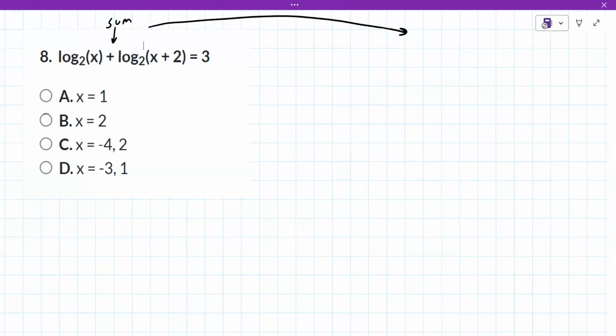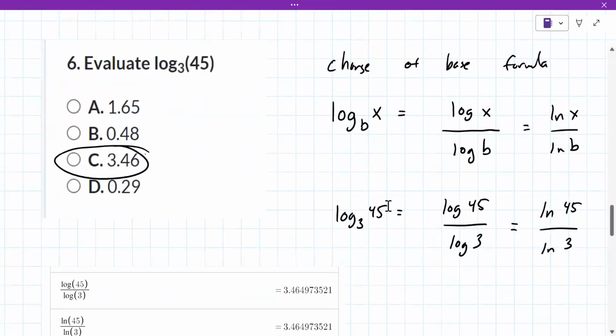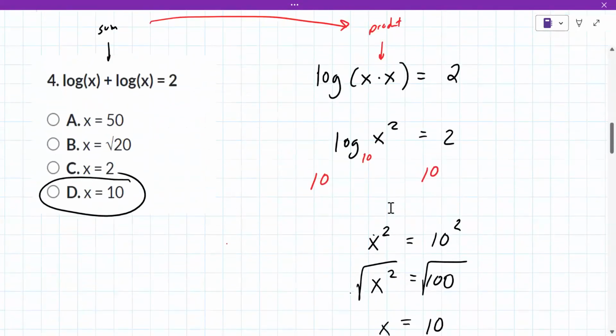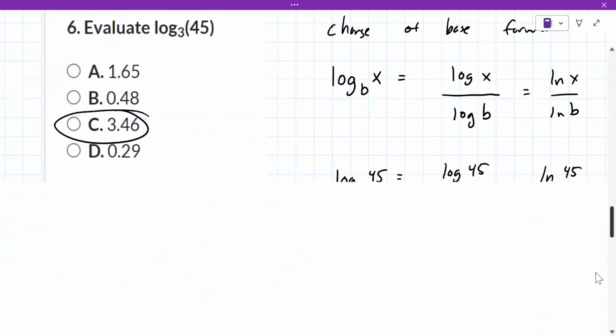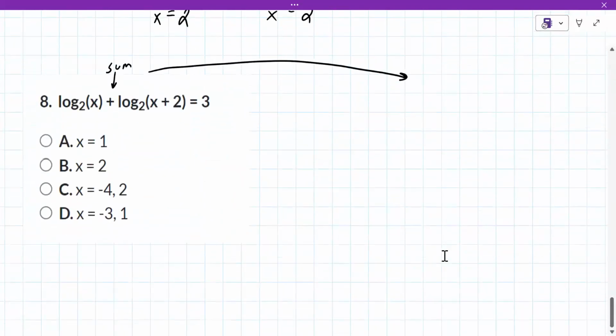Oh, they become fractions, right? I'll scroll up and show you my notes here. Maybe you didn't get that down. Okay, a sum becomes a product. Yes, so you multiply what's inside parentheses. The first one is x, the second one is x plus 2. So you're taking x and multiplying it by x plus 2.